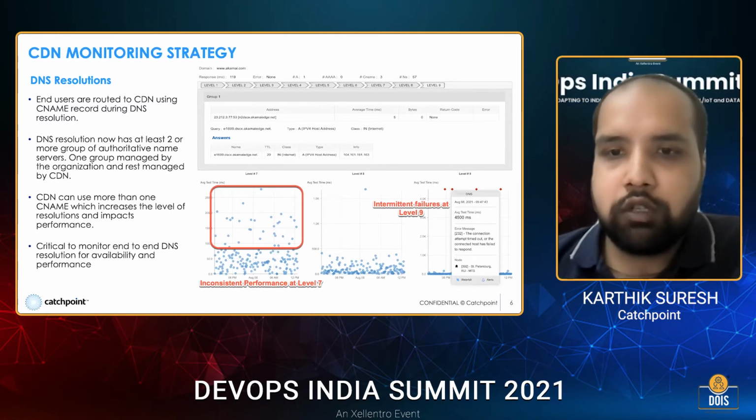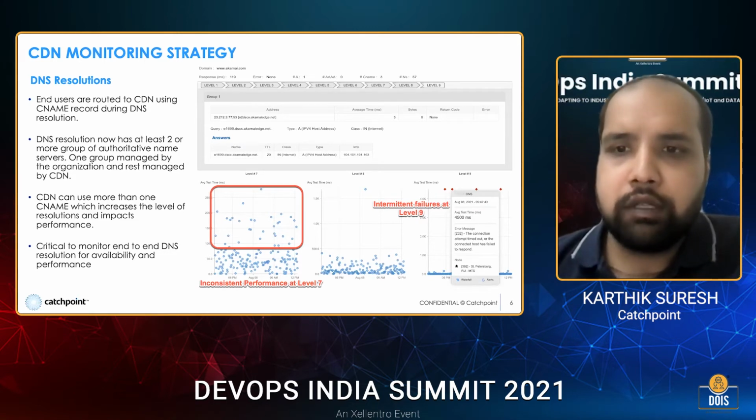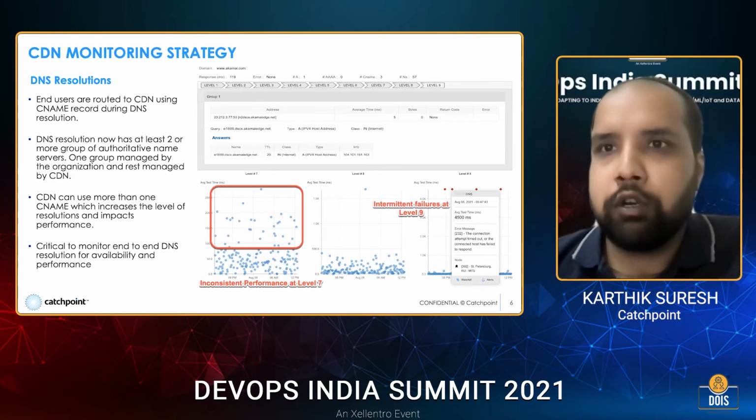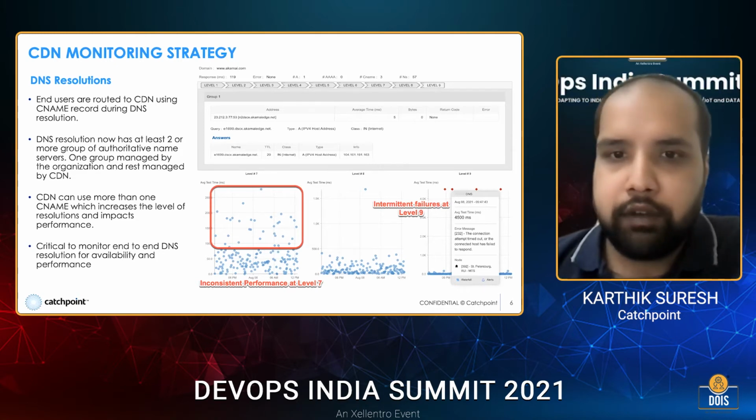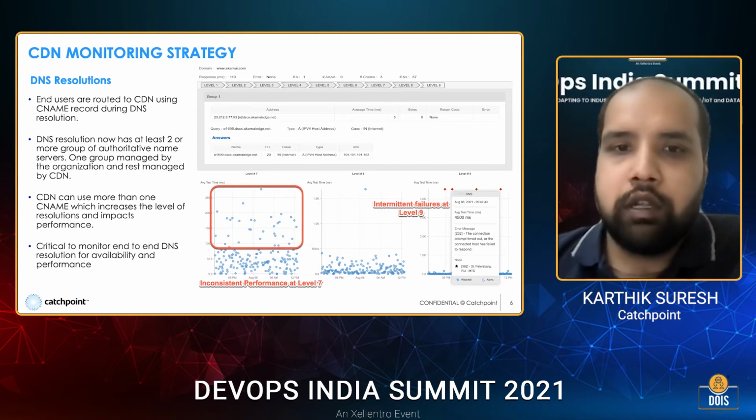DNS resolution usually takes about 50 to 100 milliseconds and can sometimes be overlooked as working perfectly fine. Due to many moving parts in the multi-level resolution, failures and bottlenecks can happen at almost any level or all levels of the DNS resolution.